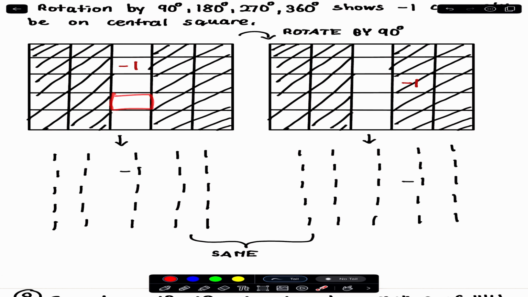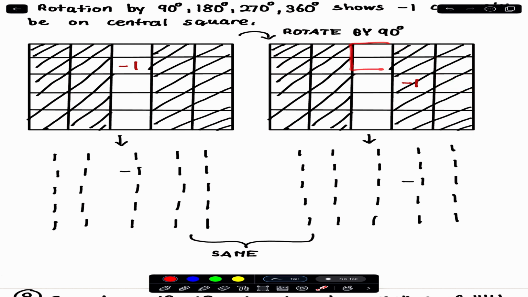If -1 were to start here and we rotate it 90 degrees, it would end up over here on a black square. If -1 started here, it would end up over here. If -1 started over here, we rotate it by 90 degrees, it would end up here.